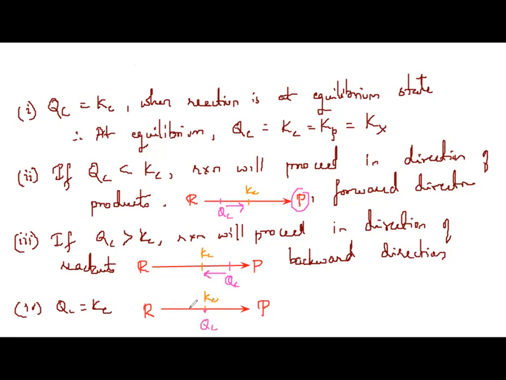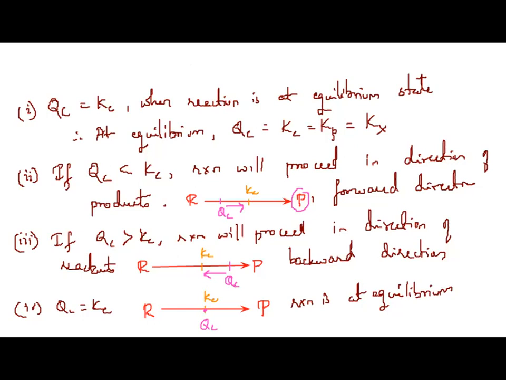Will the reaction proceed anywhere? No, because Qc equal to Kc means the reaction is at equilibrium, and we have appreciable amounts of both reactants and products.